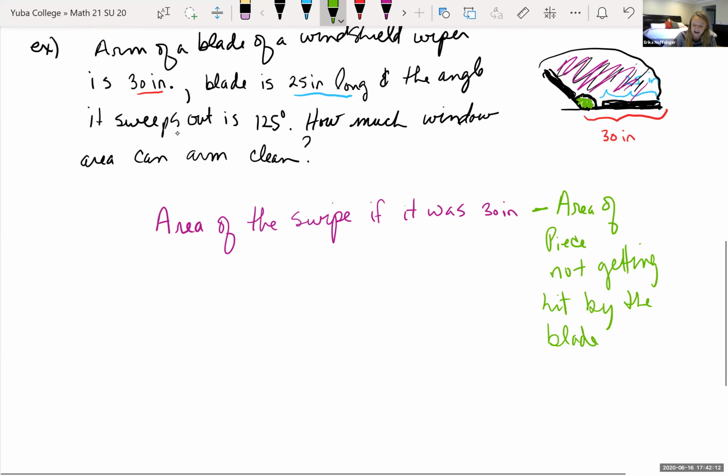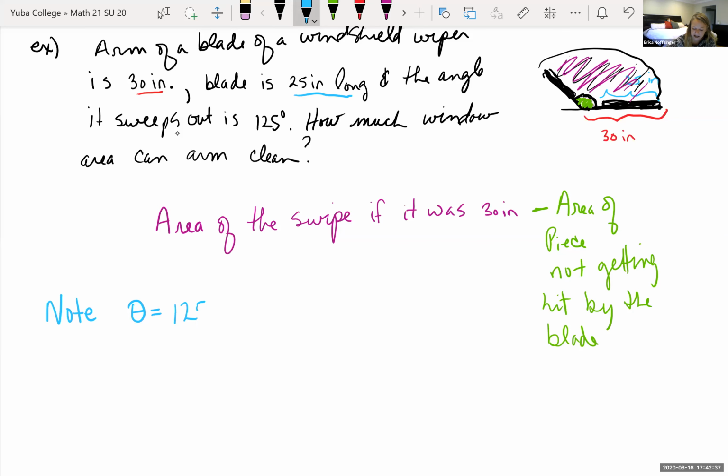Okay, so again, area is equal to 1/2 r squared times theta. The thing is that our theta has to be in terms of radians. So theta equals 125 degrees, and we need to convert to radians. Okay, so we can do that.